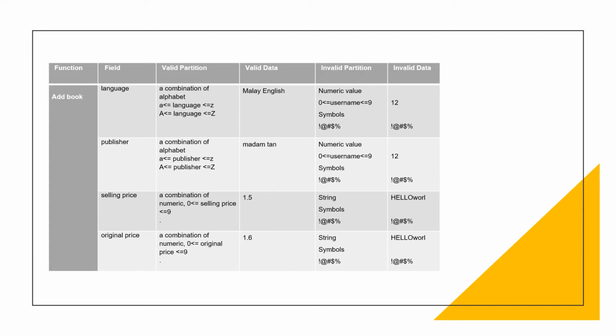These two text fields can contain a combination of alphabet and cannot have a numeric value. Next one, selling price, can have a combination of numeric and cannot have string or symbols. Then original price, also a combination of numeric and cannot have string and symbols.